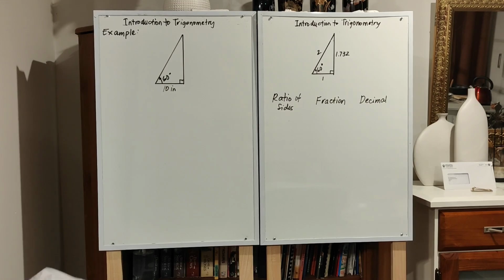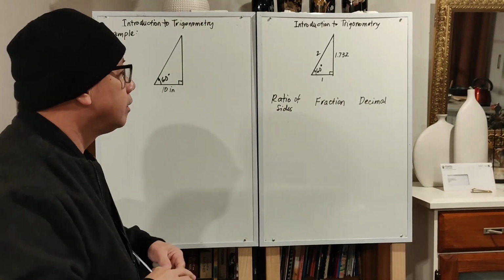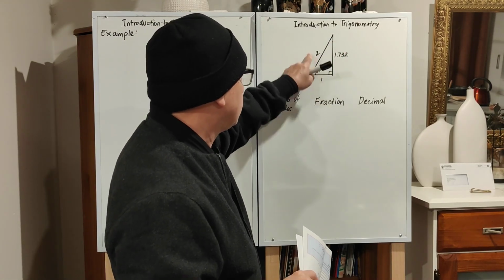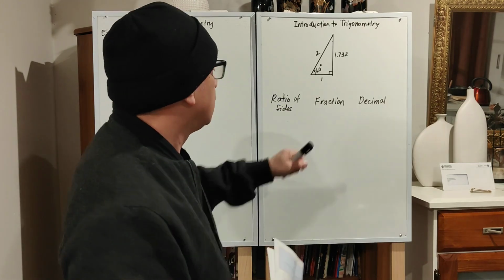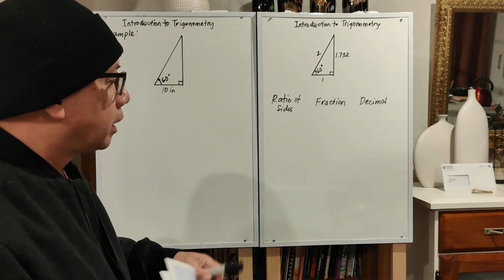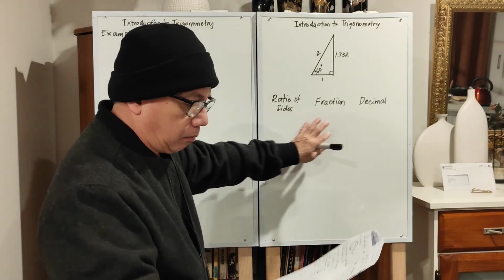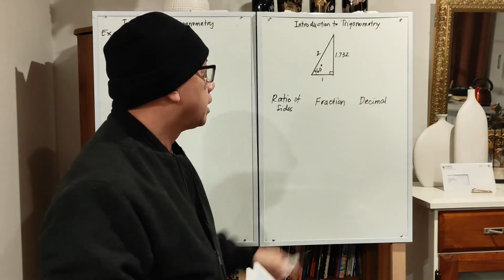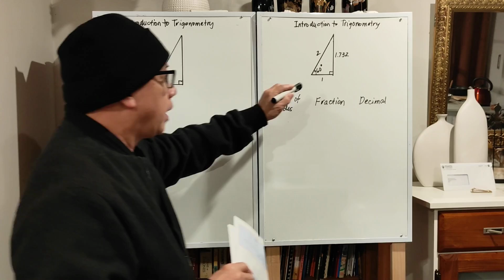Now, using the triangle we have derived earlier, we have this special triangle 1, 2, and 1.732 with a 60 degree angle. Now we can tabulate a sort of table of the ratios of this triangle. Now we have named the sides.